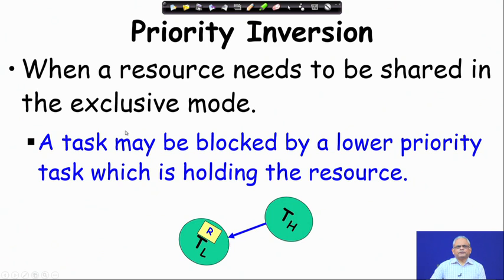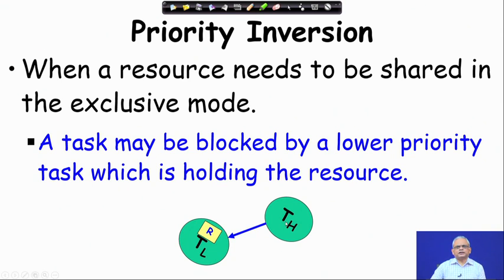Let us give an example of a priority inversion. Let us assume that a low priority task T L shown here is holding a resource R and doing some computation on R, and this R is actually a shared non-preemptable resource.